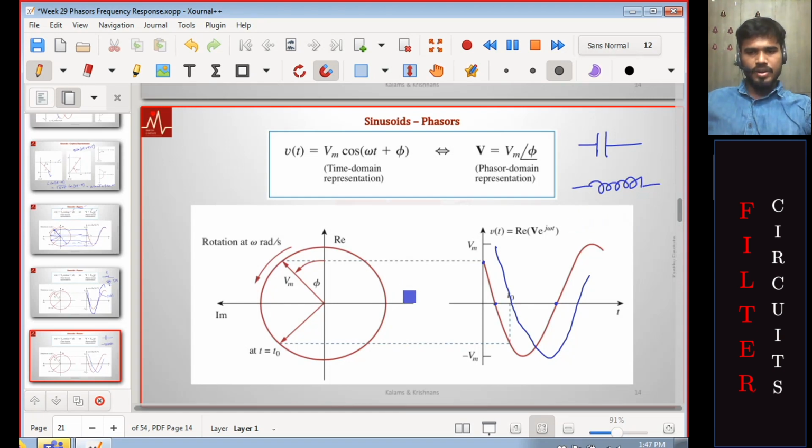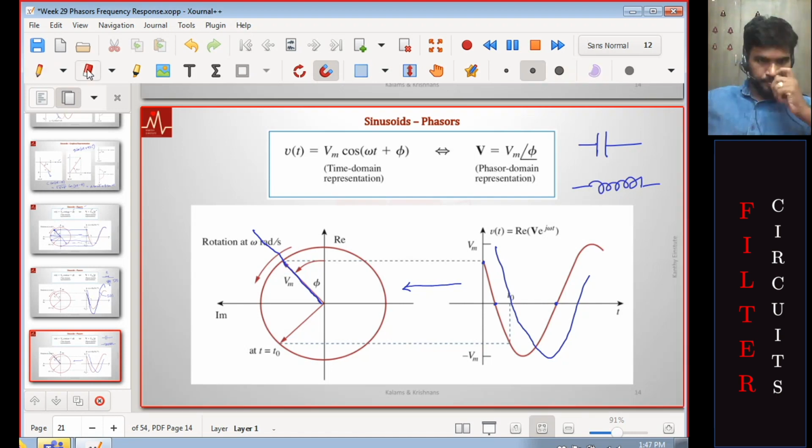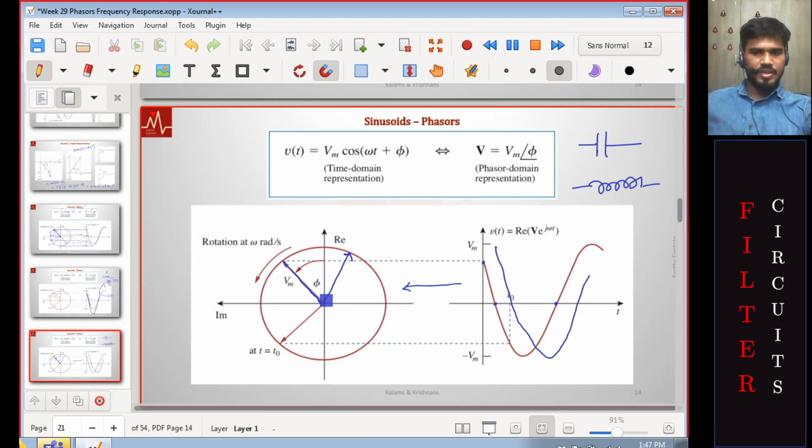Now, again, if you get to a convenient circle representation, what it means is that for a resistor, if voltage is this, current is aligned along that direction. But for a capacitor, if voltage is this, current is aligned along some other direction. Let's say this. Let's call this angle alpha.